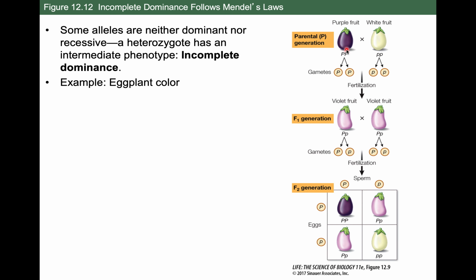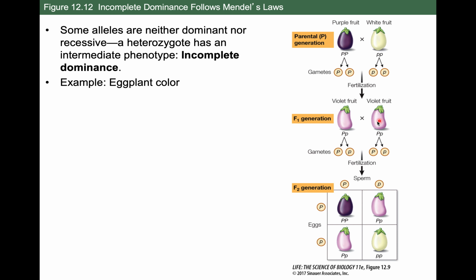In this example with eggplants, you have a purple plant that produces purple eggplants. We'll call that dominant, big P, big P. White plant that produces white eggplants, little p, you cross those, and you get heterozygotes. But now instead of looking like the purple parent, the quote-unquote dominant parent, they have sort of an intermediate phenotype, right?